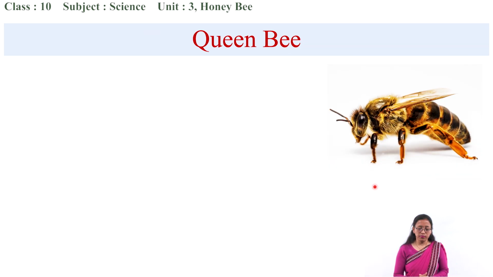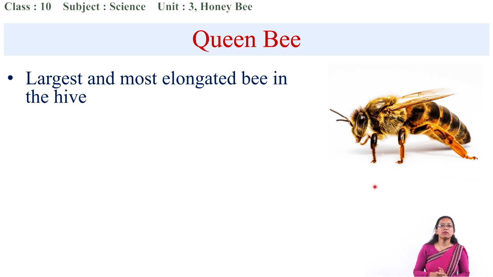How is it? This queen bee is only one in a single colony. The other bees are numerous in number, but the queen bee is single. Its structure is elongated. The drone and worker bees are shorter than the queen bee.